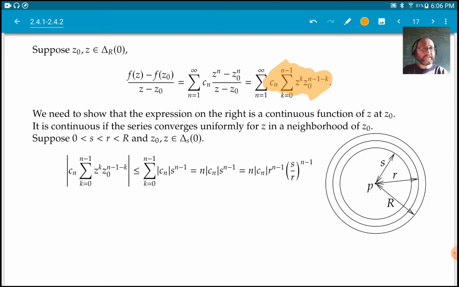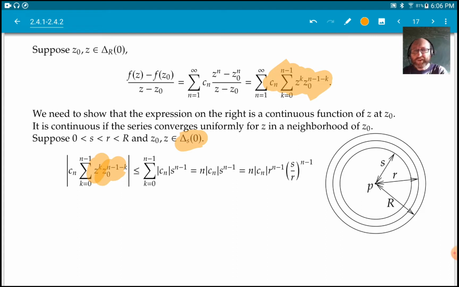All right. So let's look at the inside over here, and let's look at the absolute value of the inside. Now, if z naught and z are in this disk, then if I just use the triangle inequality, I move everything inside, and I bound them by S to whatever power.